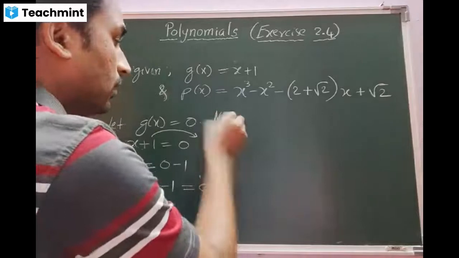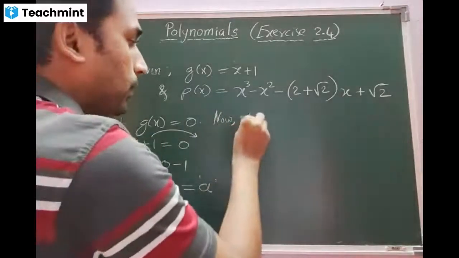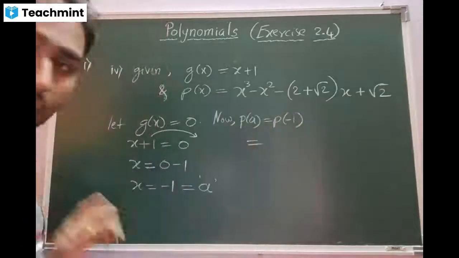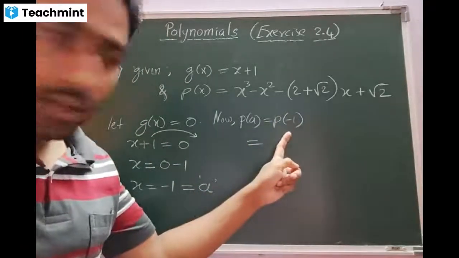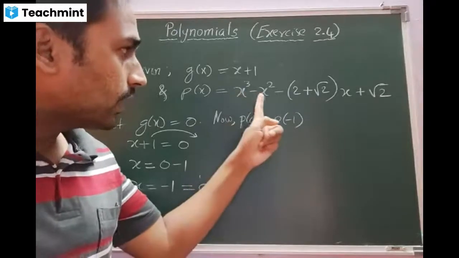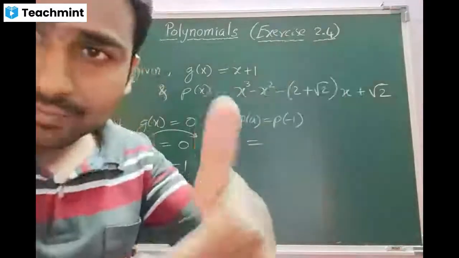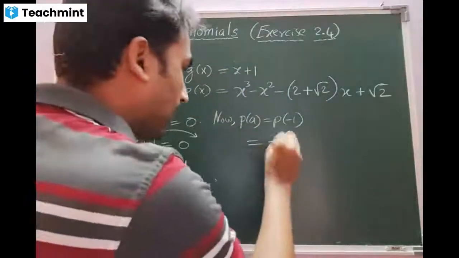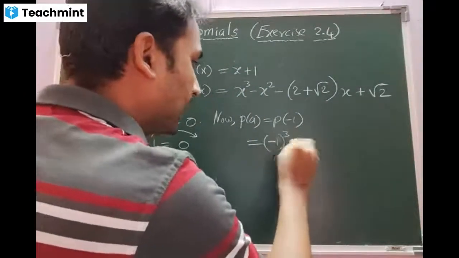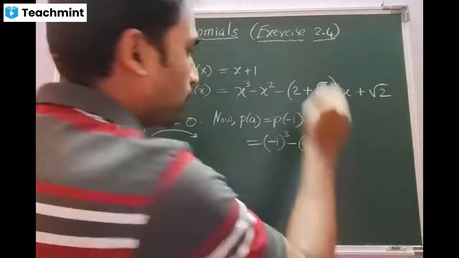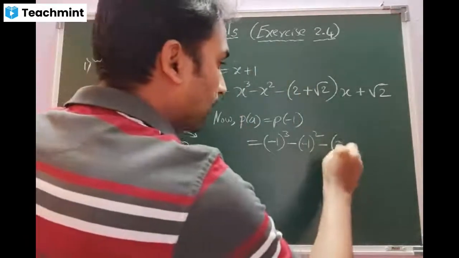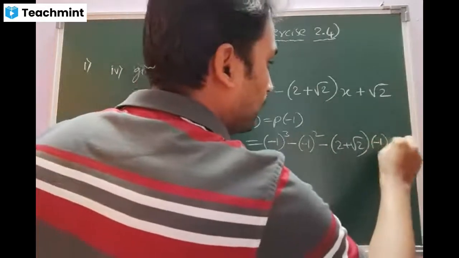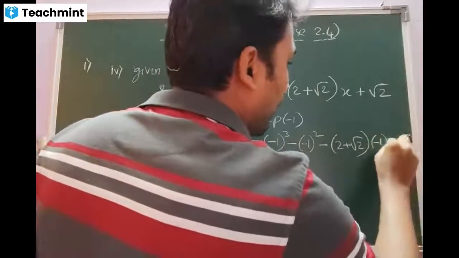Yes, sir. Now, I have to calculate p of a, nothing but p of -1. Now, this p of -1, meaning -1 you have to substitute here, here, and here. Am I right? Yes. So, let me do it. -1 the cube minus into the bracket -1 the square minus 2 plus root 2 as it is into the bracket -1 plus root 2 as it is.